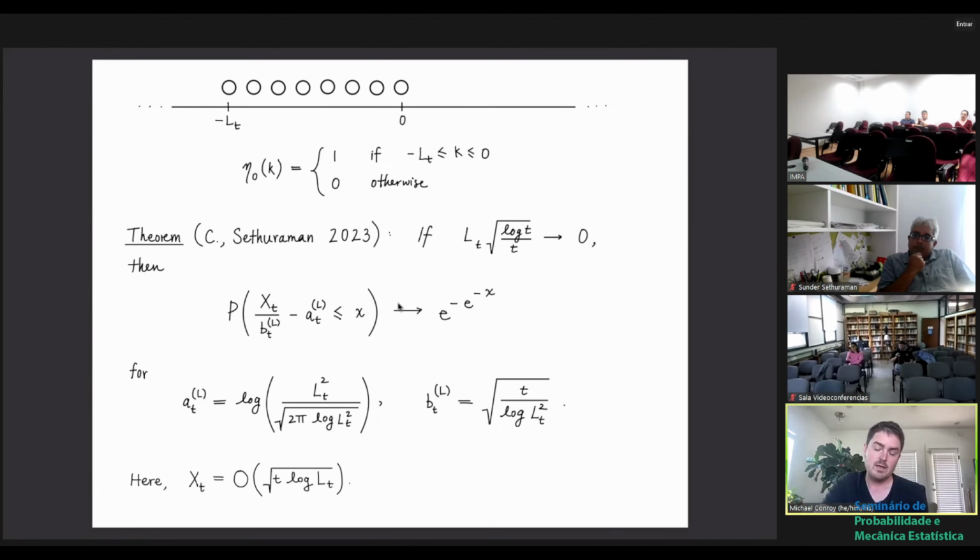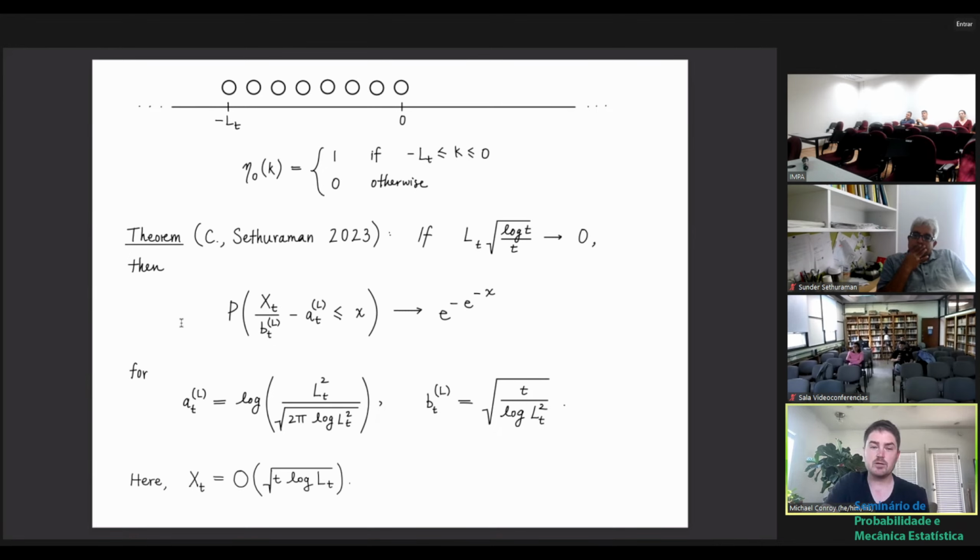In this situation, our leading particle is on the order of square root of t times log of L. All these results with this L step, as we call it, also extend to more general jump distributions and more general initial conditions.